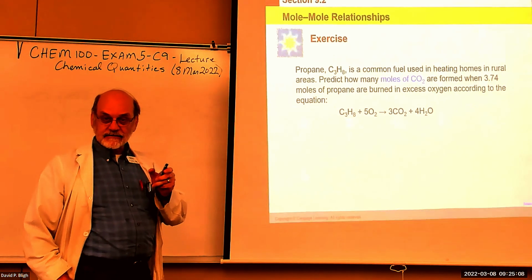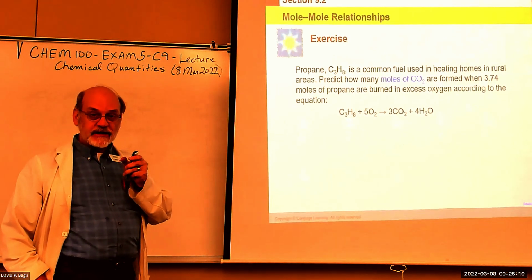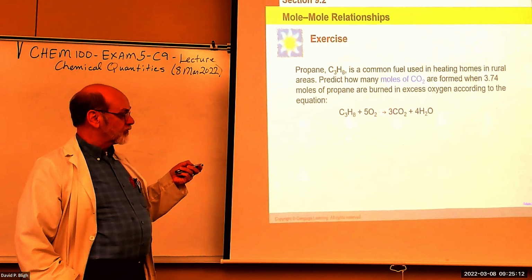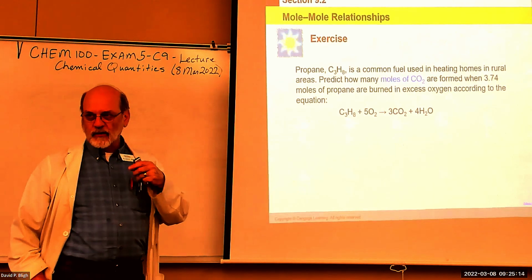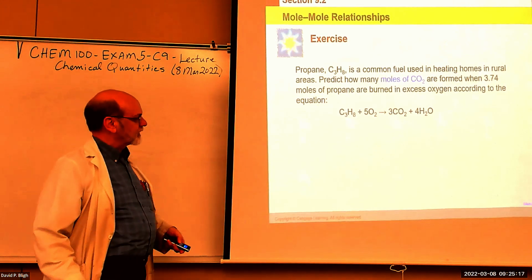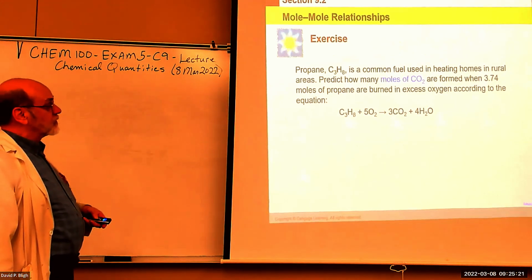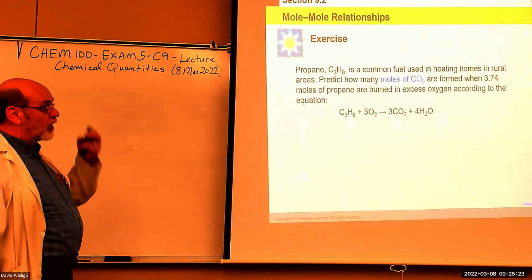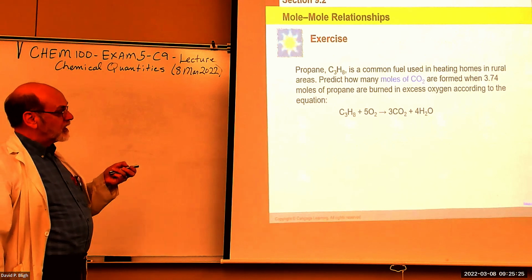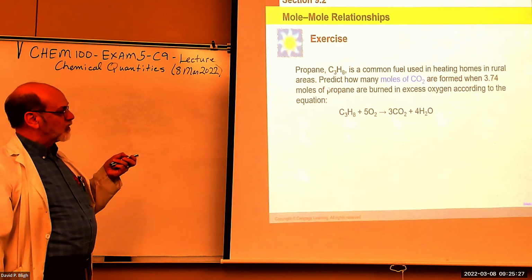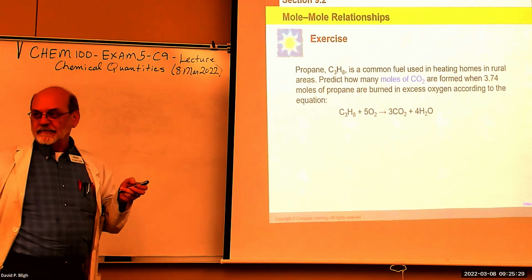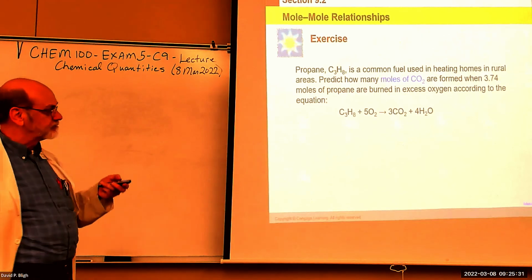And if it gets all the oxygen it needs, it will produce 3 moles of carbon dioxide and 4 moles of water. So the question here, the problem here is predict how many moles of carbon dioxide are formed when 3.74 moles of propane are burned with plenty of oxygen.